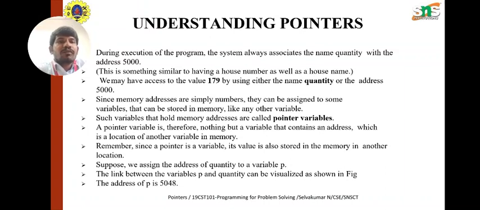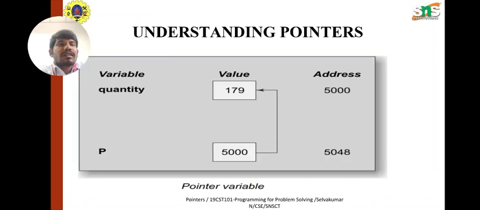Since memory addresses are simply numbers, they can be assigned to some variable that can be stored in memory like any other variable. Such variables that hold memory addresses are called pointer variables. Suppose we assign the address of quantity to a variable p. The link between the variable p and quantity can be visualized in this diagram.